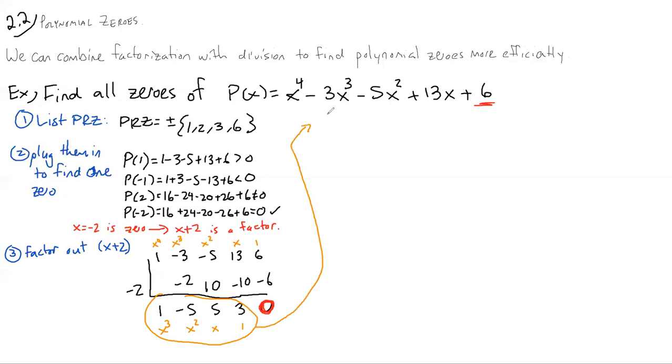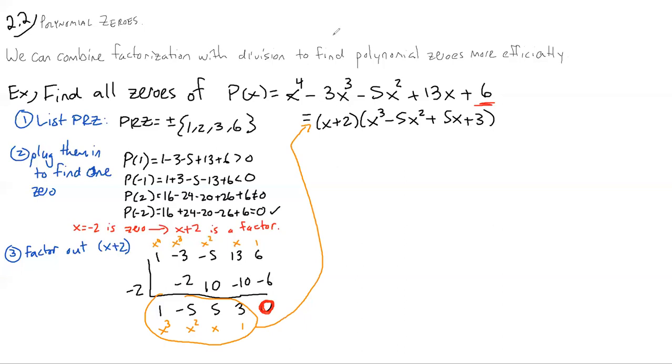So when we factor out the x plus 2, what we end up getting is x cubed minus 5x squared plus 5x plus 3. And so now we can actually just go through this again.